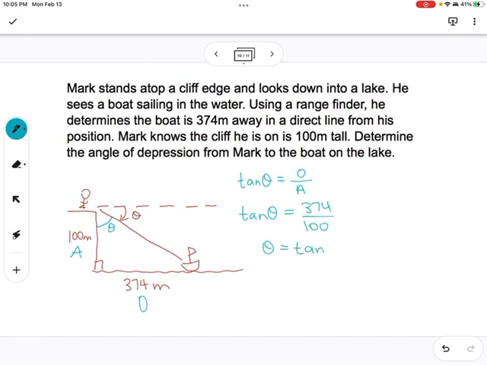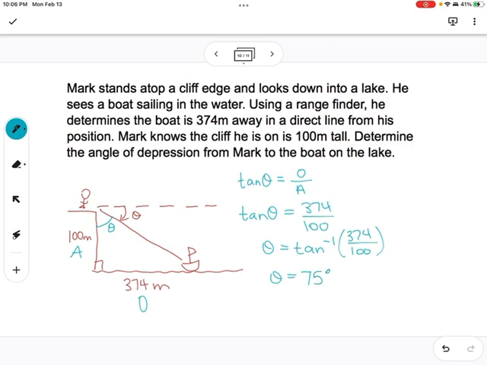It'll become a tan inverse of the 374 divided by 100. Okay, in my calculator, I'm putting 374 divided by 100 equals, and then second, using the tan inverse, and I get an angle of 75 degrees.